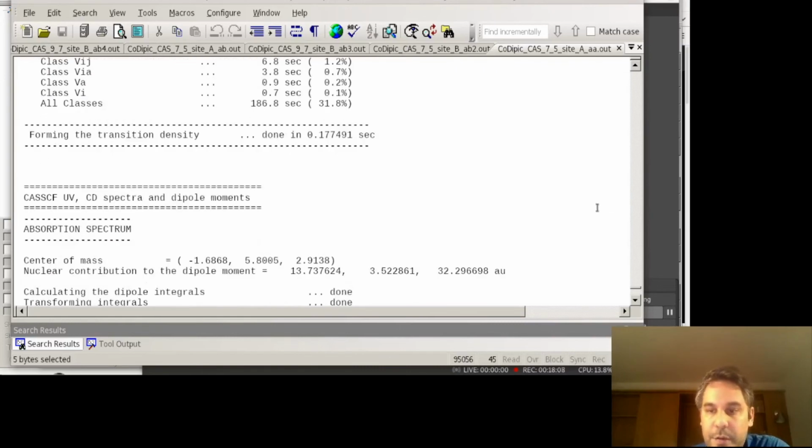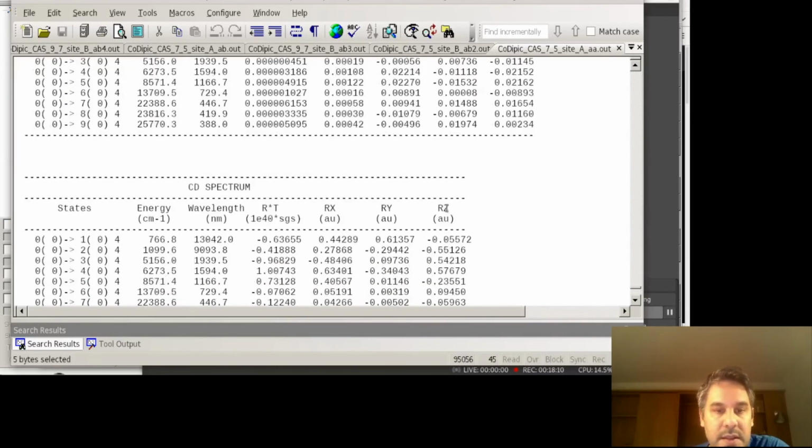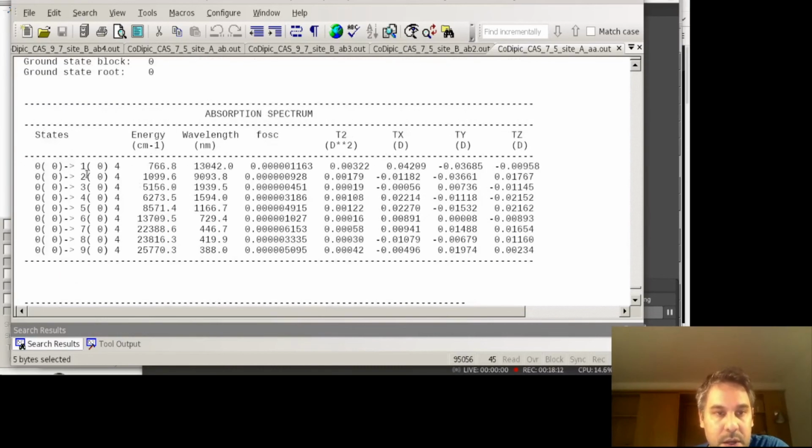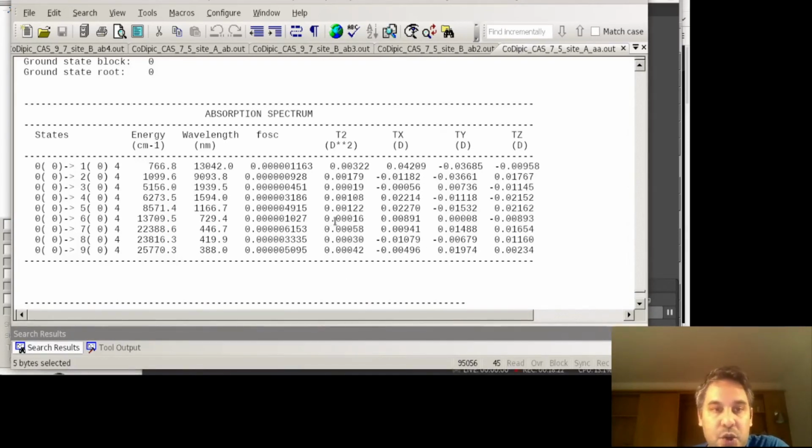So we have more information, and then this calculates an absorption spectrum. These are only transitions that go inside the active space that I ask for. So for calculating UV-Vis, you have to make sure that you include all orbitals that contribute to the UV-Vis. The d-d transitions are very low in intensity, so the oscillator strength is very low. But many metals have a charge transfer transition.